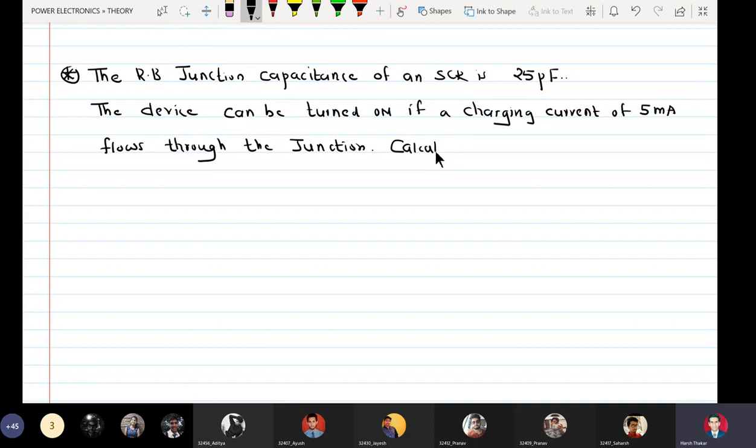Calculate the dV by dt rating of the device.